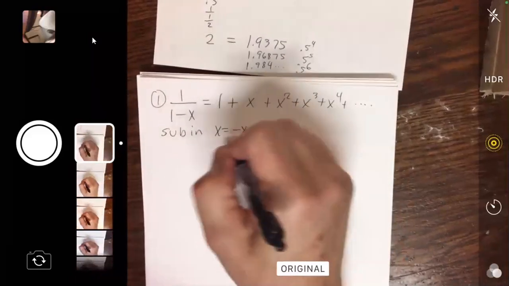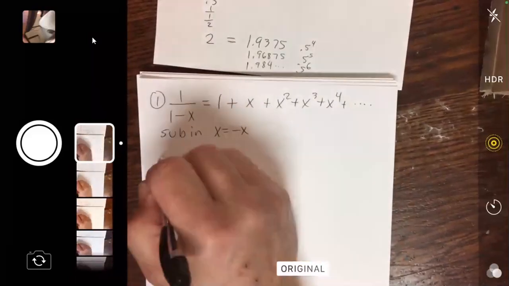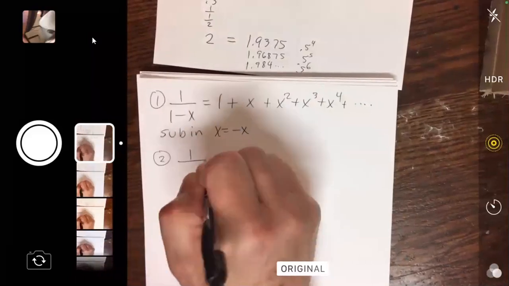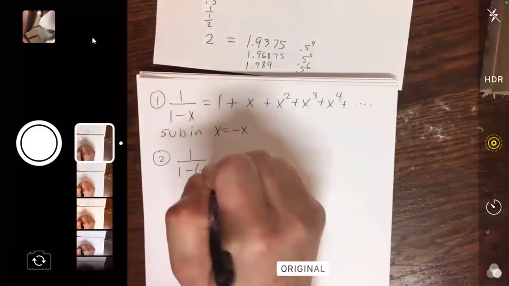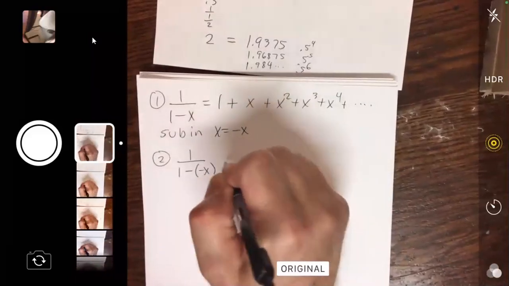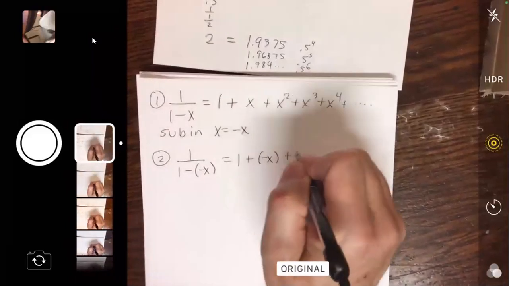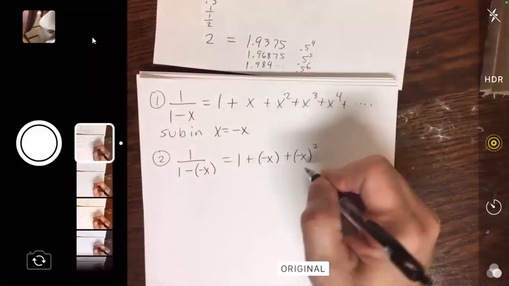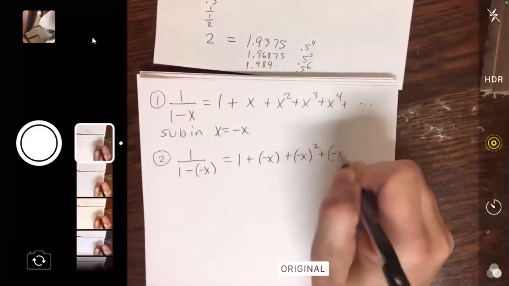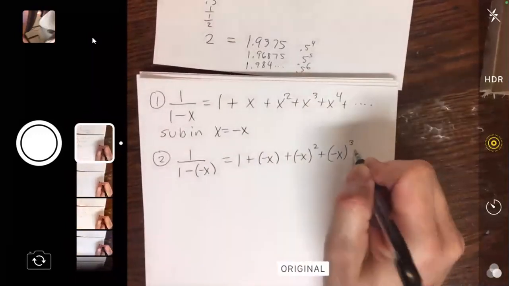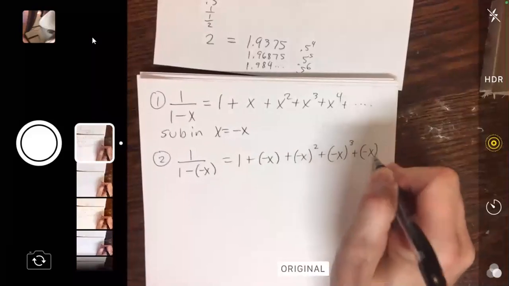In effect, sub in a negative x. Call that formula 2. 1 over 1 minus a negative x. 1 plus a negative x here, a negative x squared, a negative x cubed, negative x to the fourth.